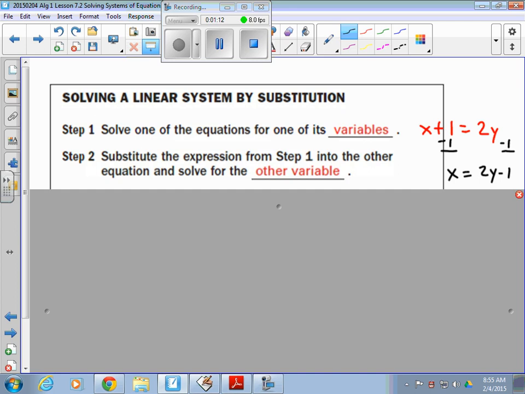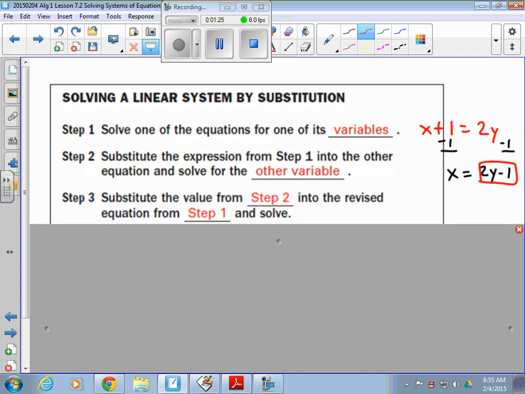Now you have an expression and x is isolated all by itself. So step 2 is to substitute that 2y minus 1 part in place of x in the other equation. And we'll look at an example like that in a second.